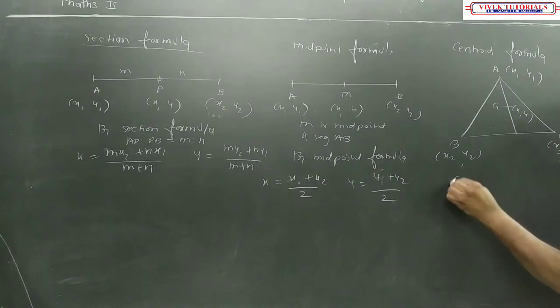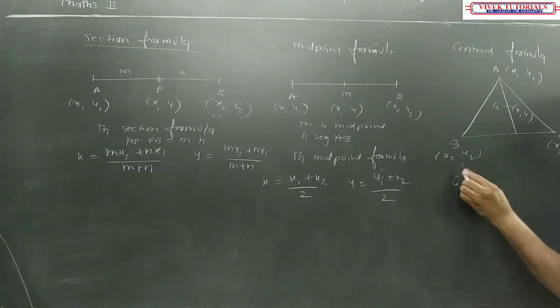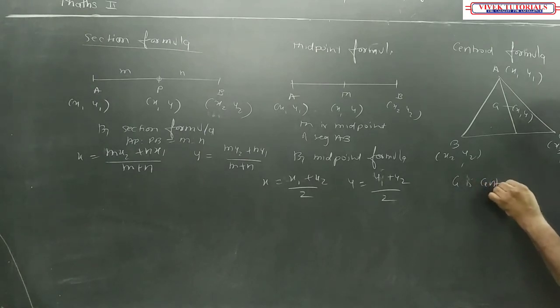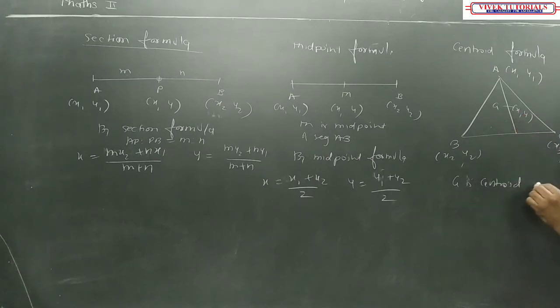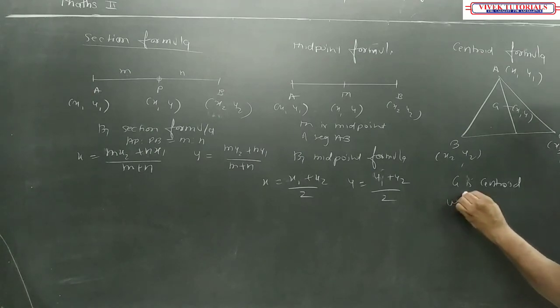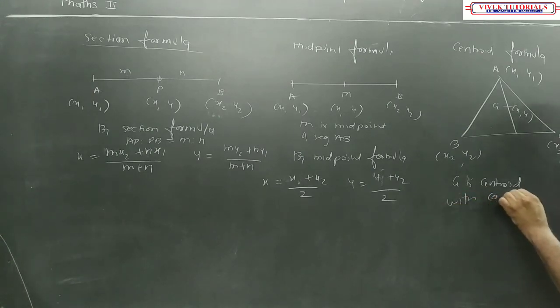So G is the centroid, and the coordinates of G are x, y.